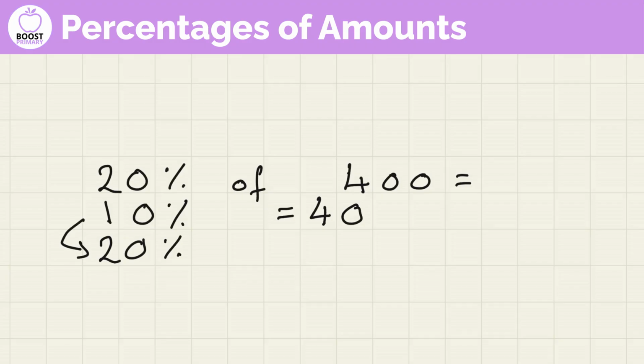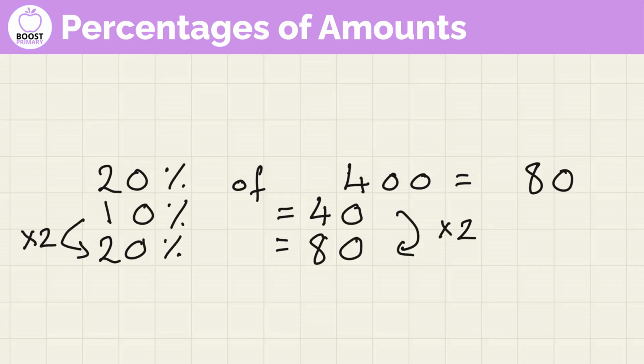So 10% times 2 is going to be 20%. So 40 times 2 is 80. So 20% of 400 equals 80.